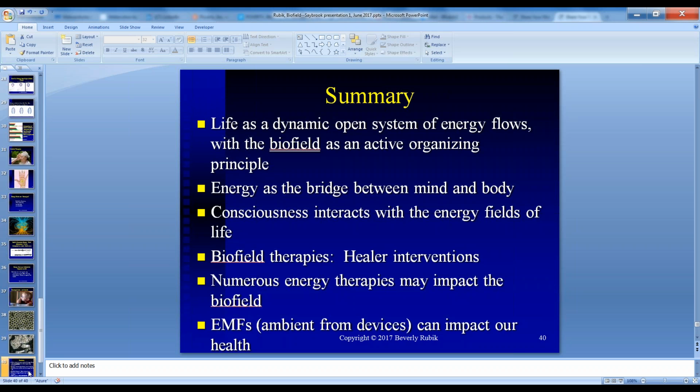And electromagnetic fields, or EMFs as they're sometimes called, are ambient in our environment today due to wireless devices of communication, which are virtually everywhere, from cell phone towers to your computer to your Wi-Fi modem to your cell phone and your tablets.